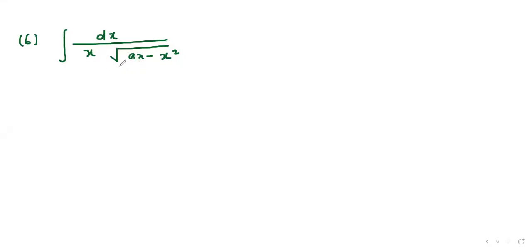Integration dx divided by x root of (ax − x²). So here we put x equal to a/t, so dx will be −a/t² dt.